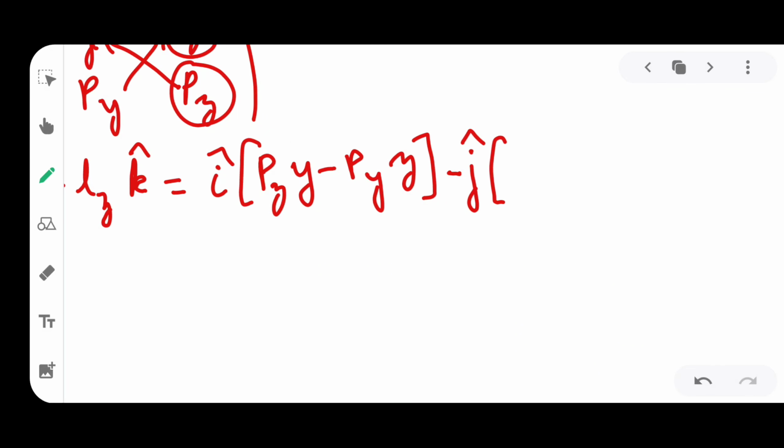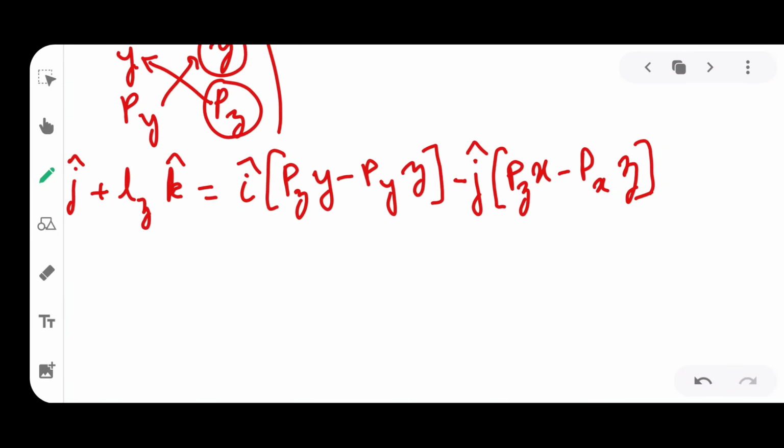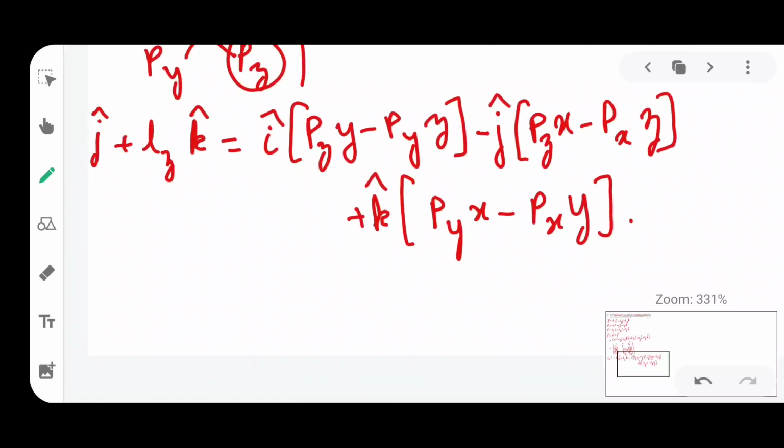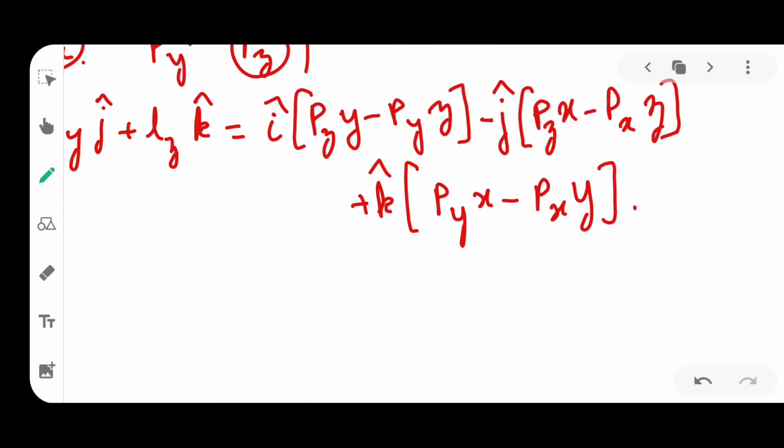Then the final component is k, so I'll write plus k cap into the remaining: py into x minus px into y. Clear?